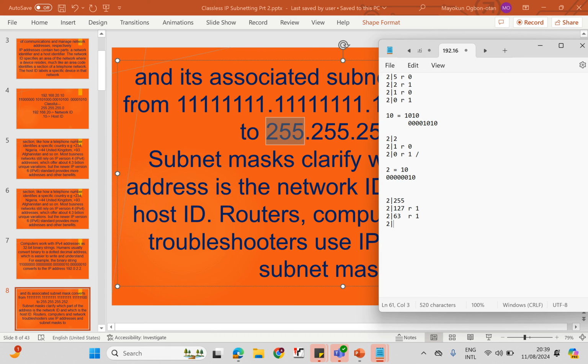In 6 is 3 times, and in 3 is 1, remainder 1. 2 goes in 31. In 3 is 1, remainder 1.